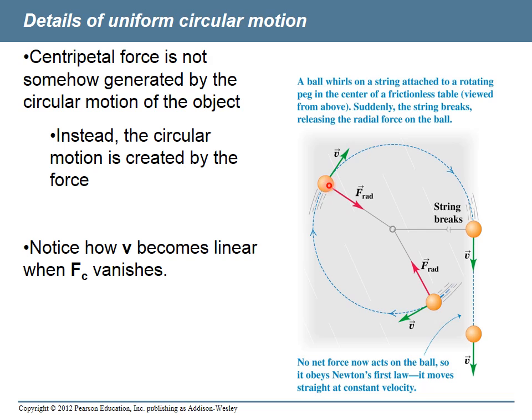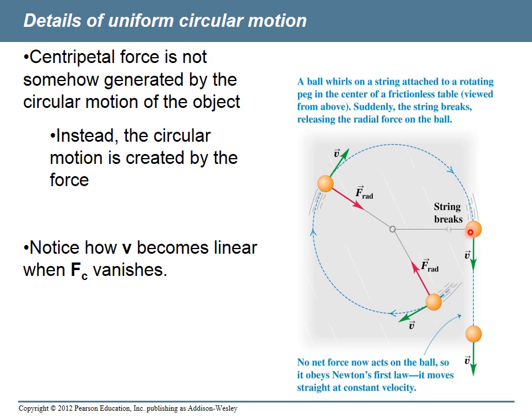So if I have some radial force, it causes some radial acceleration, and it causes the object to bend towards the center. As it travels off like this, it's continually bending towards the center. And then let's say the string were to break. If the string breaks, then obviously there's no more tension in the string, so the force would disappear. What happens if the force disappears? The acceleration towards the center disappears.